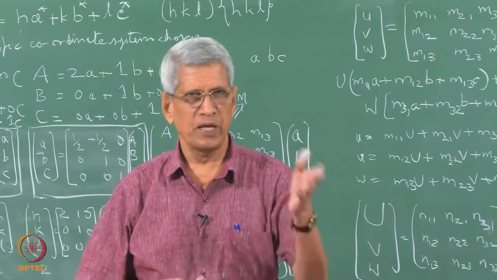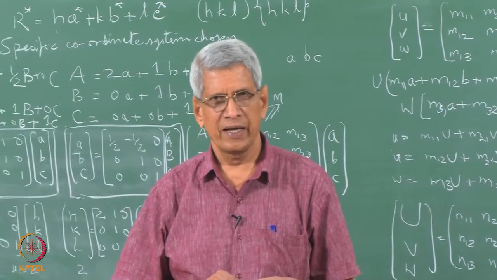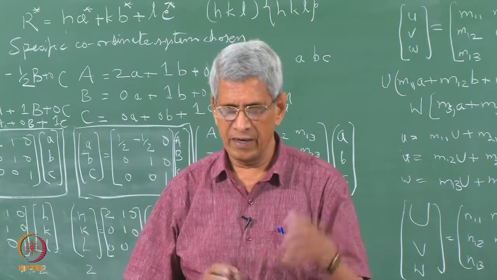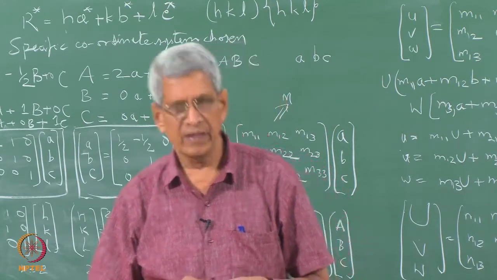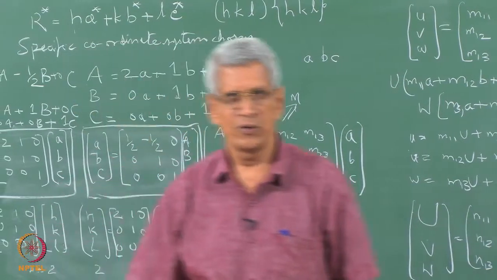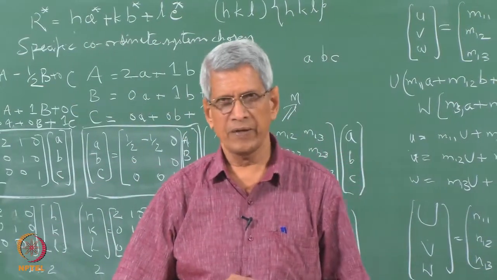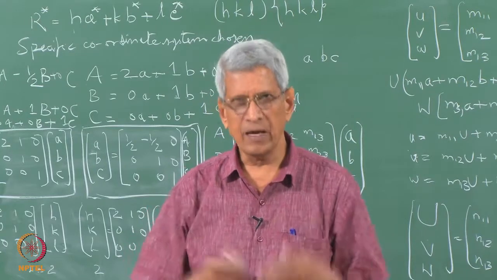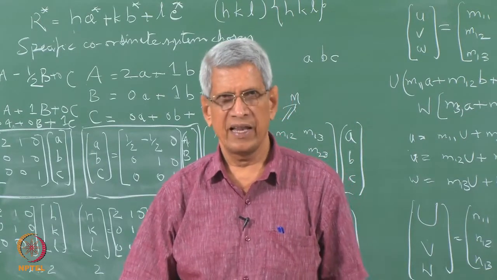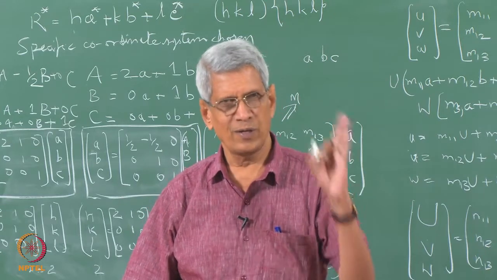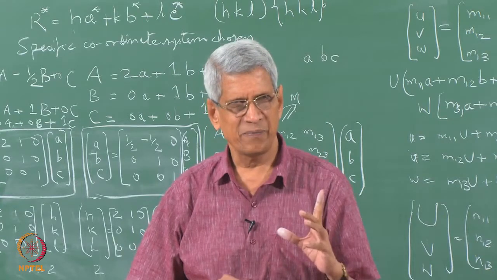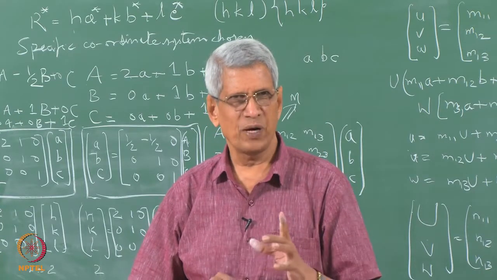Similarly, I mentioned another case, that is from rhombohedral to hexagonal, because in some cases the rhombohedral has to be expressed in terms of a hexagonal lattice. That also, you know what the coordinates of rhombohedral are. If you use a hexagonal lattice, what will be the coordinates?